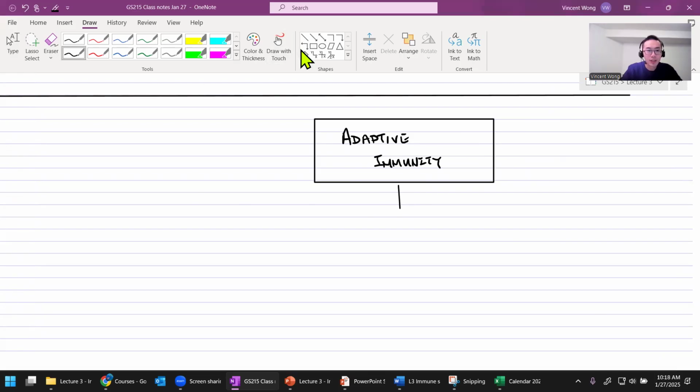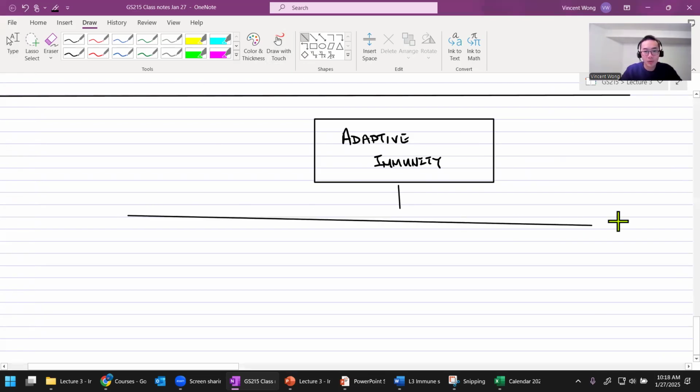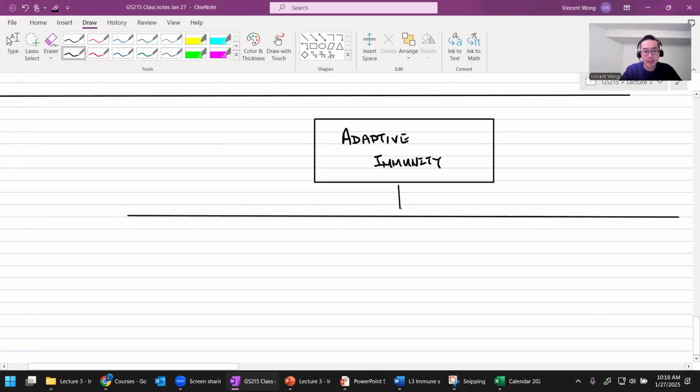And so we're gonna start with two main categories. Okay. So we're not talking about different branches of adaptive immunity. Different branches would be the cell-mediated and the antibody-mediated, right? We're talking about how you trigger the adaptive immunity.